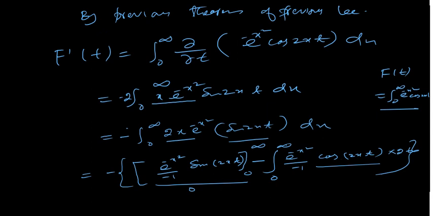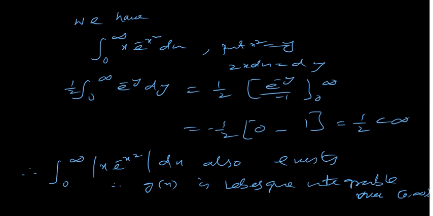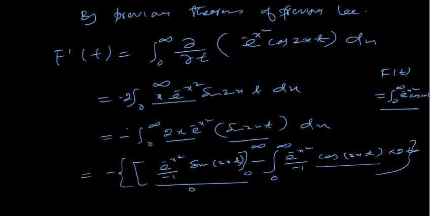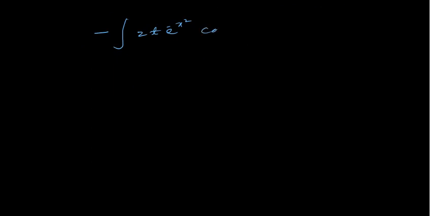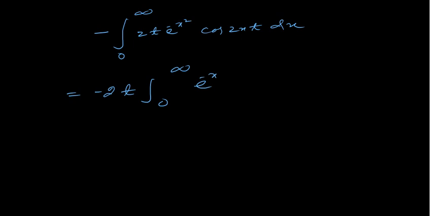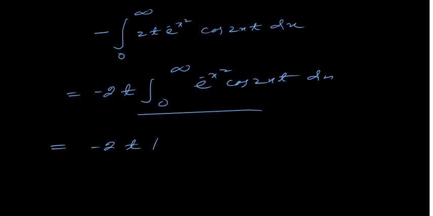It's minus times minus integral 2t e power minus x square cos of 2xt dx, 0 to infinity. This is equal to minus 2t times the integral 0 to infinity e power minus x square cos of 2xt dx, but this is actually f of t, so it's equal to minus twice t f of t.